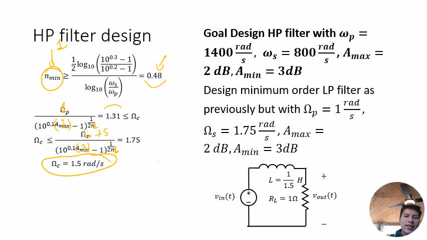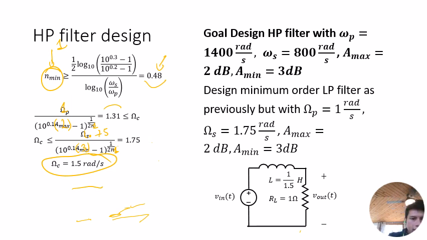Okay, so once we got our omega c, we're going to take our base circuit, which is, if you go and look up the table of Butterworth filters, here we pick the inductor one. Okay, now my pen is working.